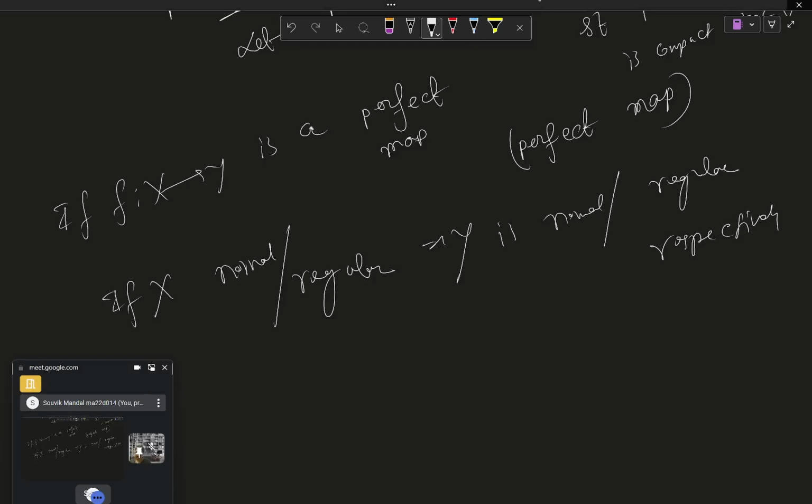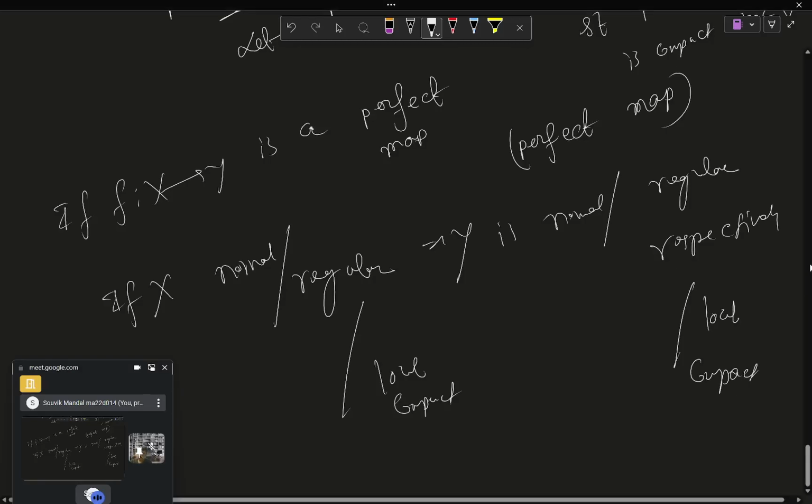This is quite an extremely important thing. And likewise, local compactness: if a perfect map, then it will preserve local compactness. So this type of thing we always need to remember.